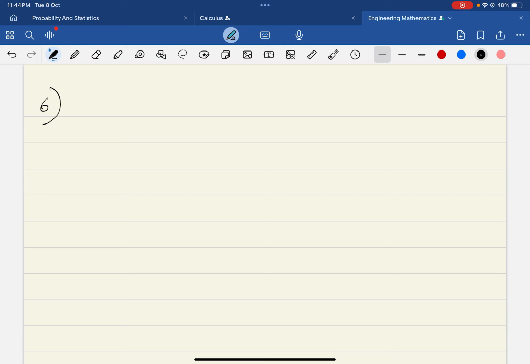So the sixth problem is (1 minus x square) times dy by dx minus xy is equal to 1. Again, it is not in the standard form. So what we do? We divide by 1 minus x square.